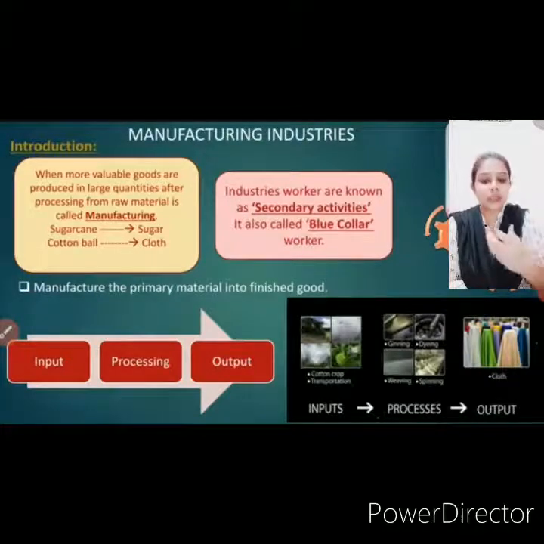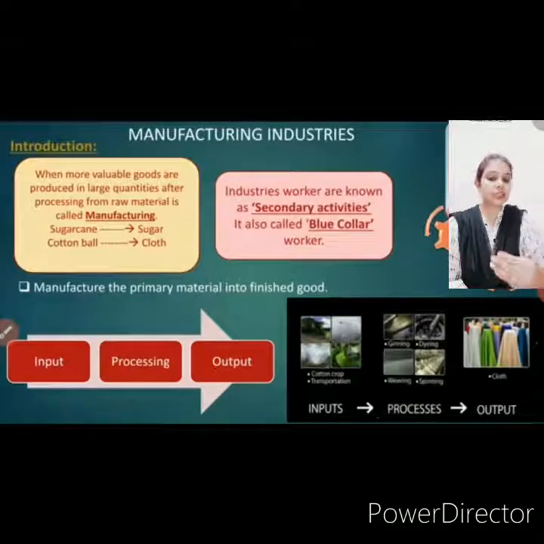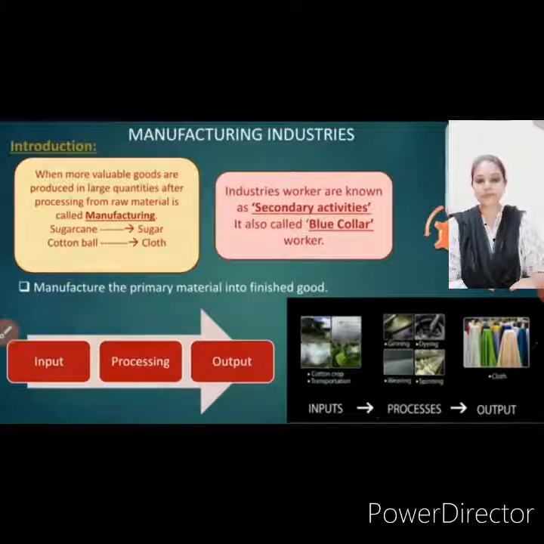When we put this raw material into the machine, it starts processing, and then it starts producing yarn, and after the yarn it starts weaving. After weaving, it is a finished good, and that is known as the output.